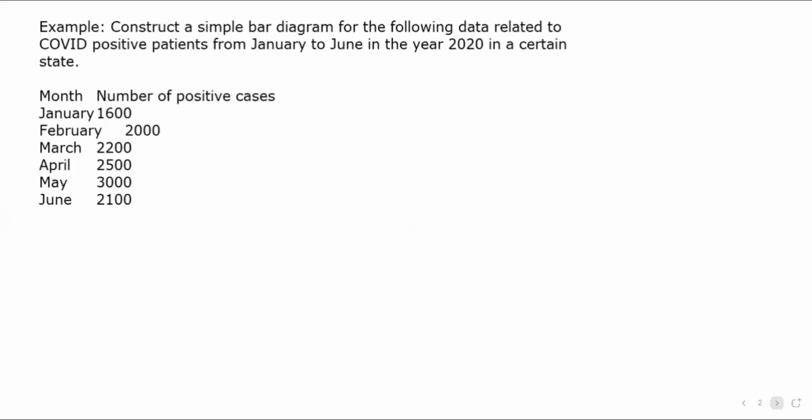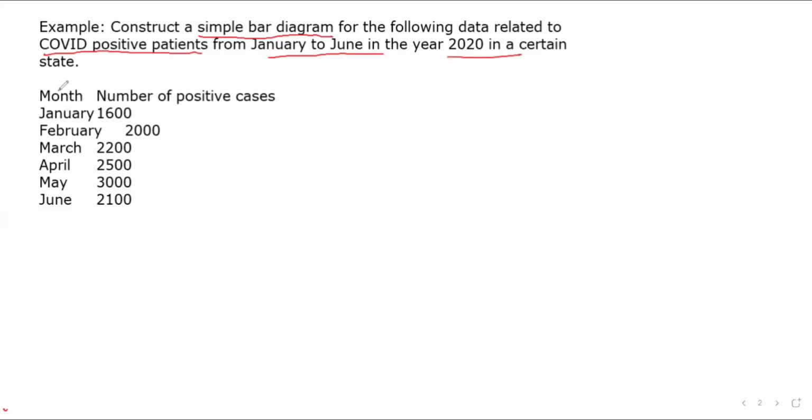Now we have one example for the simple bar diagram, and we are going to solve it. See what is given. Construct a simple bar diagram for the following data related to COVID positive cases found from January to June in the year 2020.